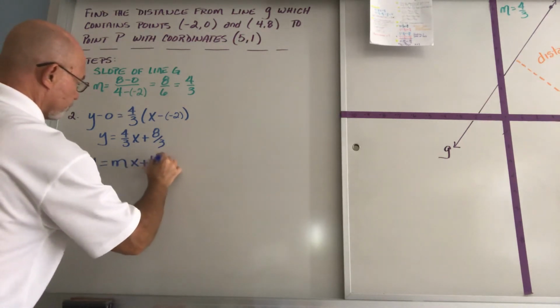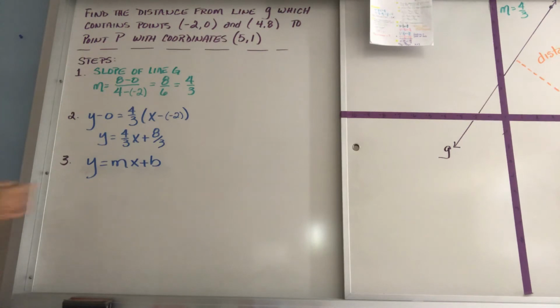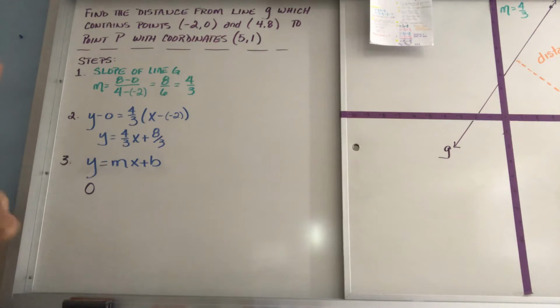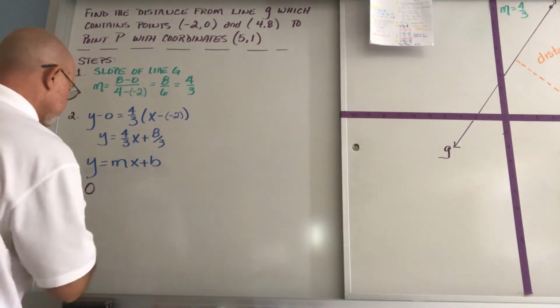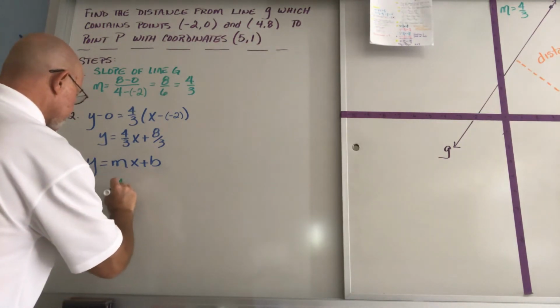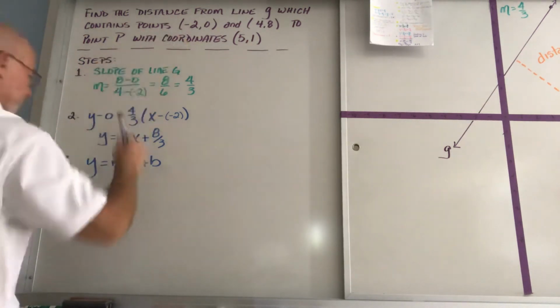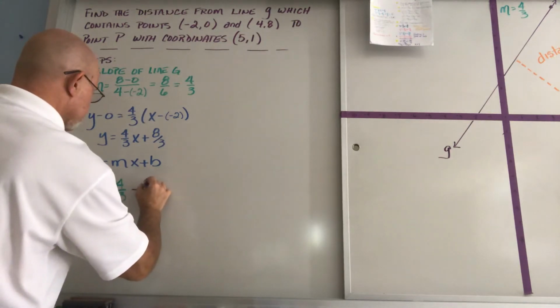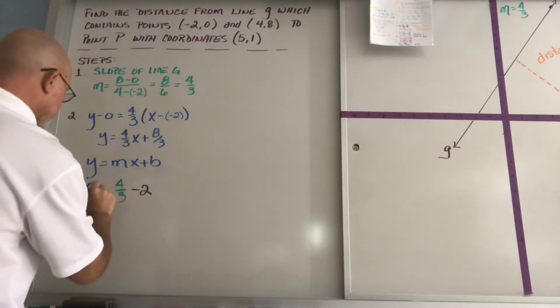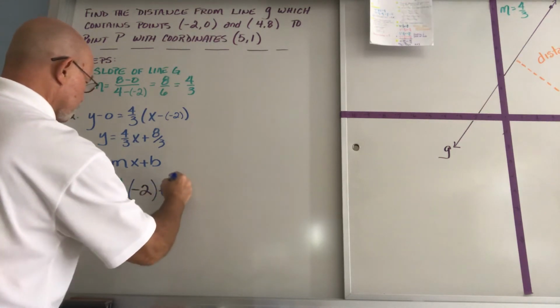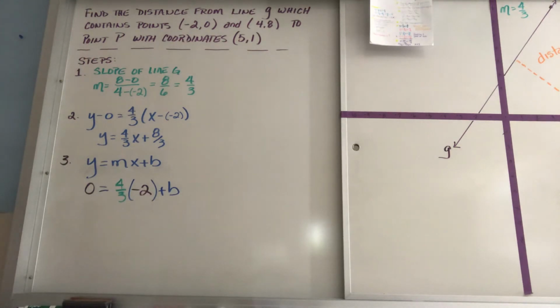Okay. That's what we're looking for. We want to see where it's crossing the axis. So we've got that. We know this is 4/3. This is -2. Okay, I got all my numbers there.